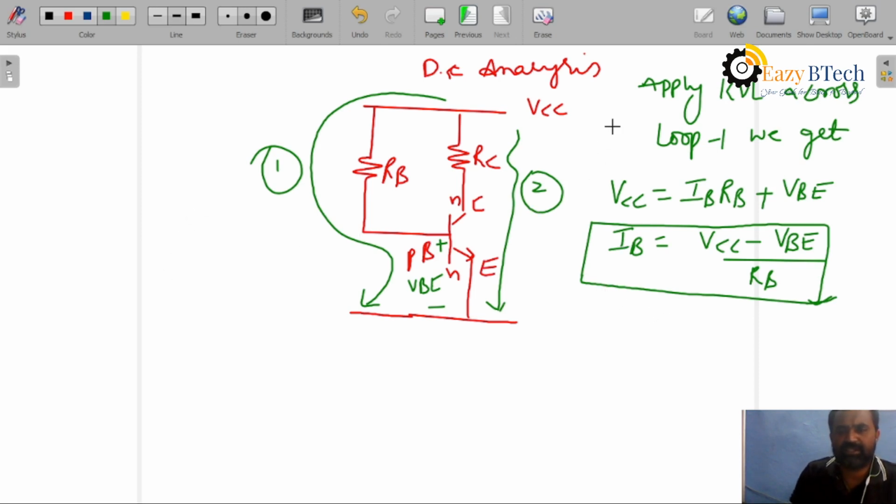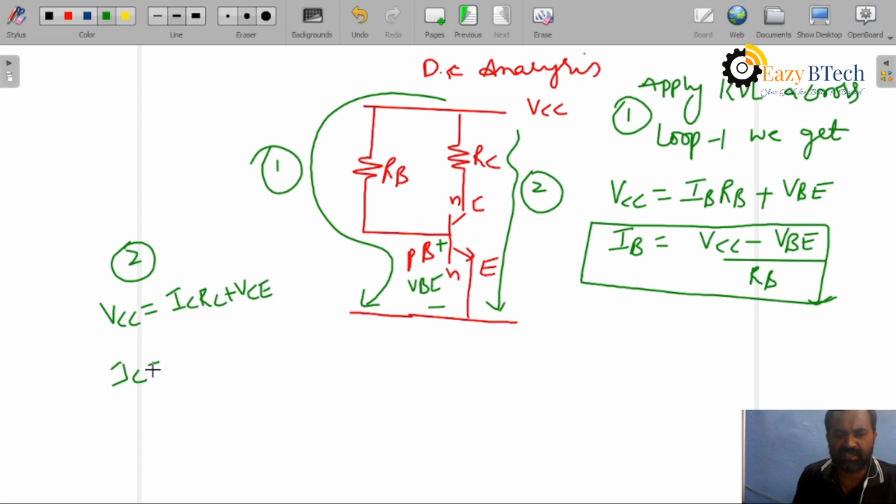Similarly, that is from loop 1. From loop 2, we write VCC is equal to IC RC plus VCE. From this, IC is equal to VCC minus VCE by RC.